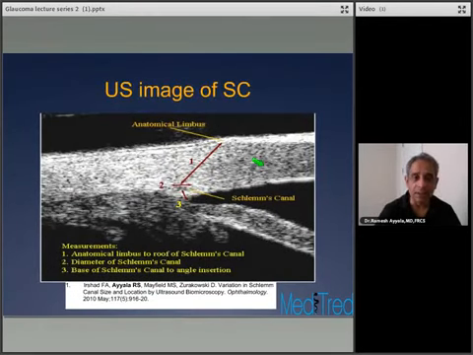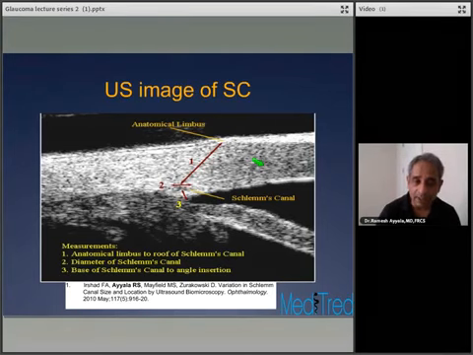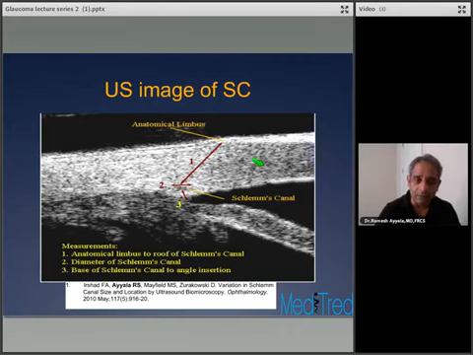This is a slide taken from my own work where we tried to isolate the Schlemm's canal in living human beings. We took volunteers, mostly without glaucoma and some with glaucoma, and using this high-frequency ultrasound, 18 megahertz ultrasound, we were able to locate the Schlemm's canal.